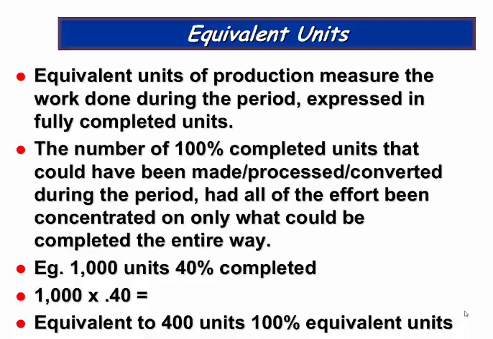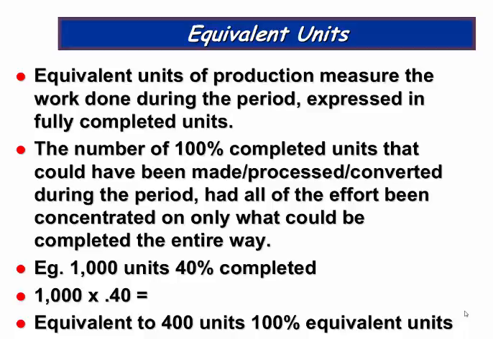What we have got to do is take the costs that have been incurred during the period, direct materials cost, direct labor cost, and manufacturing overhead cost, and assign those costs to the pens that were finished and transferred out, and also to the pens that are still in work in process.